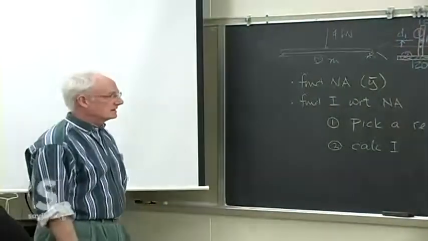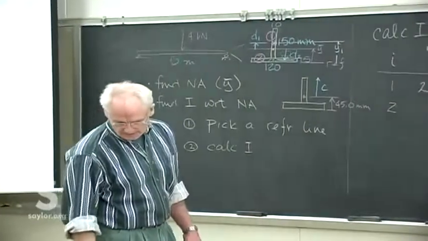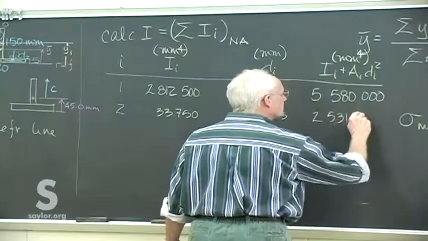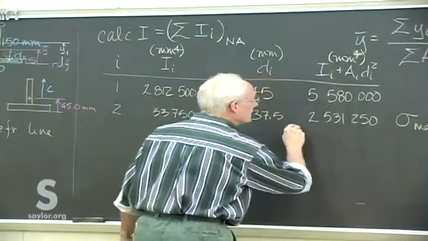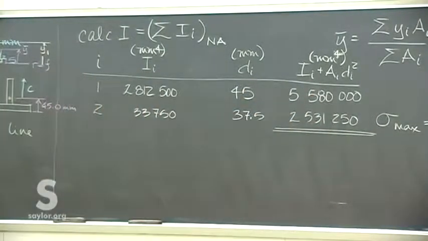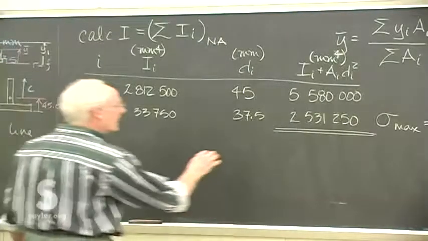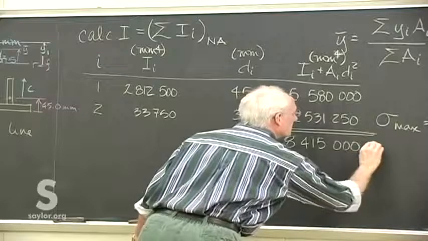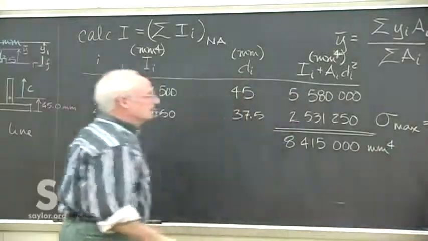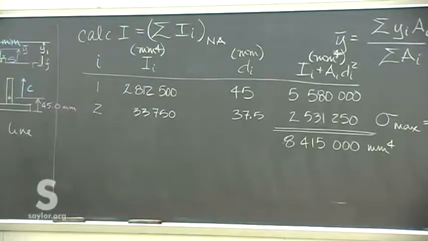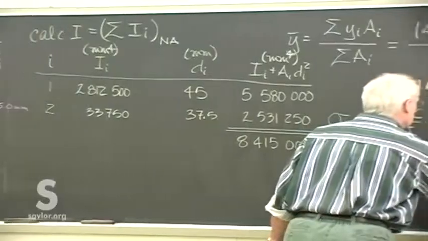You can at the end, but not too much as you go through these. So this is 2,531,250, and that's what we add up to get the moment of inertia of the entire piece. 8,415,000 millimeters to the fourth. And that's what we put under here.